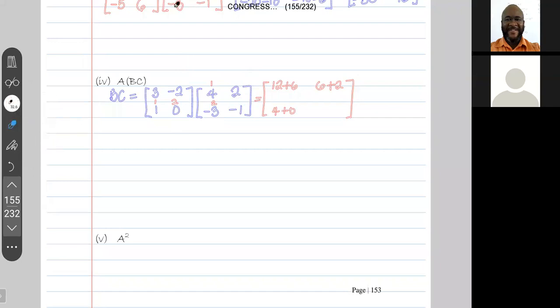Lastly, bottom row, but this time right column. First element in the row, 1 times the first element in the column, 2. 1 times 2 is 2. Second element in the row, 0 times the second element in the column, minus 1. 0 times minus 1 is still 0. So BC works out to be 18, 8, 4, and 2.